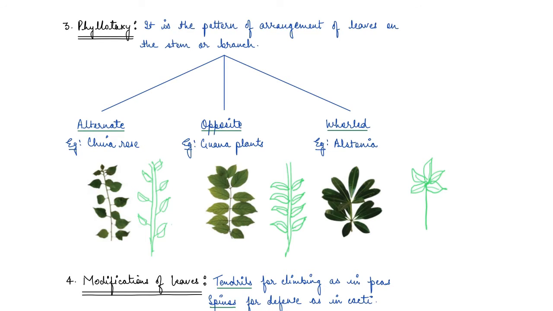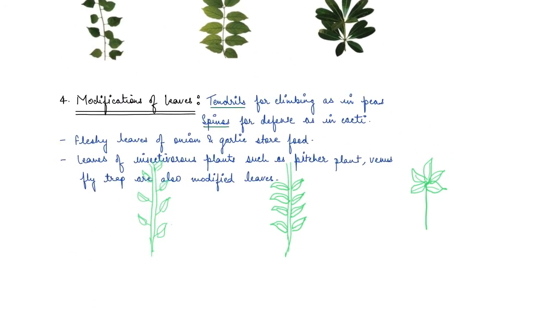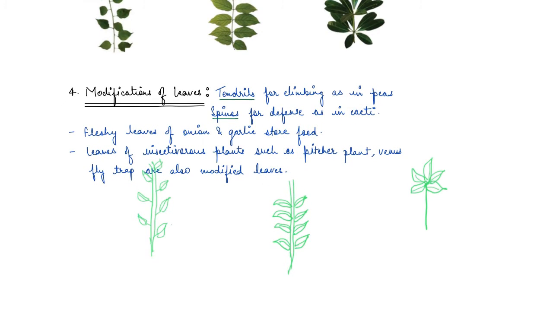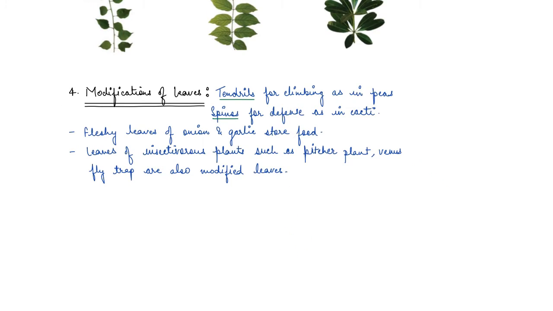Now next comes modifications of leaves. Just like we saw in the case of roots and stems, leaves are also modified into different structures. Just as the stem forms tendrils for climbing, leaves also are modified into tendrils for climbing, as in the pea plant.